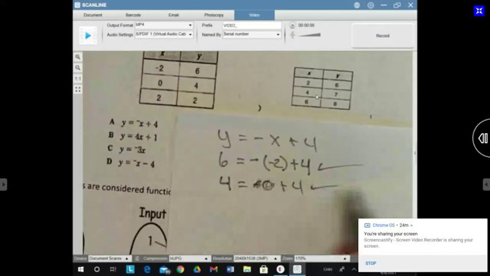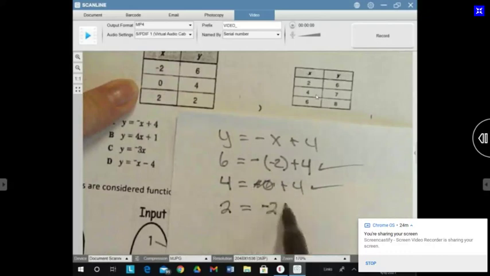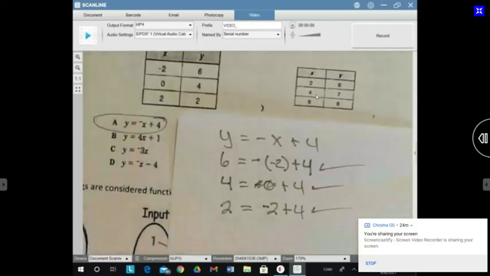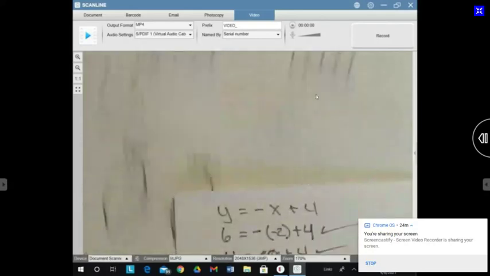Last one. 2 equals negative 2 plus 4. Negative 2 plus 4 gives me a 2, right? Okay. So, got lucky on that one. Answer is A. Plug your coordinates in until you find which one they all fit into.